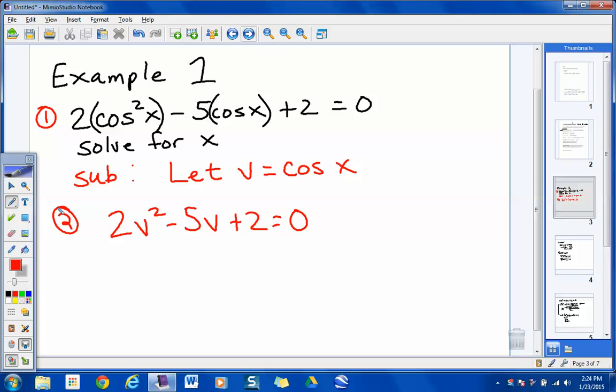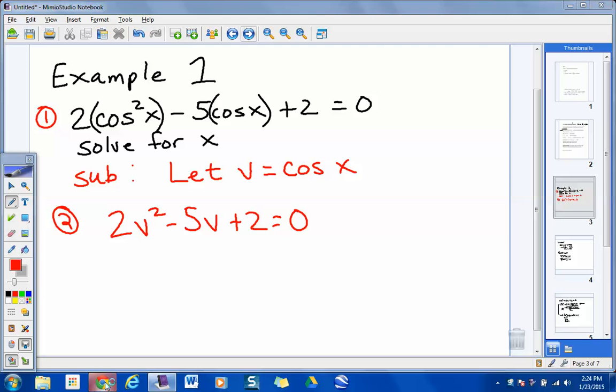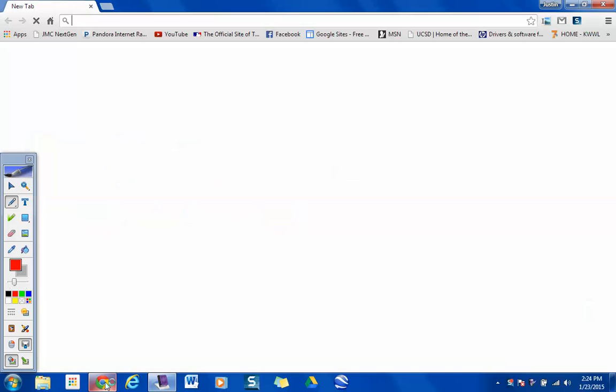Now, I don't know what you guys have for quadratic formula calculators, but if you want to, this is what I would suggest. If you can get to my webpage, have you guys got my webpage? Yes? No? Didn't we do a calculator in there once? Well, if not, just Google Mr. Parsons' math page.